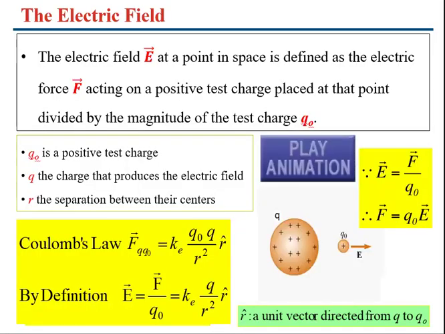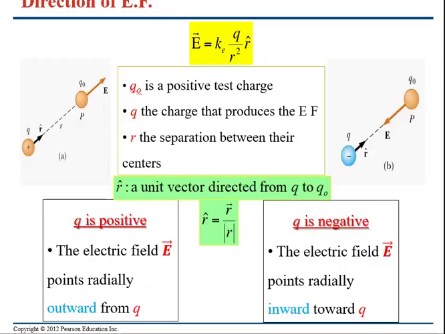Okay, the electric field E at a point in space is defined as the electric force F acting on a positive test charge placed at that point divided by the magnitude of the test charge Q naught. Very good. This is the definition of the electric field, as we see. Let's continue.